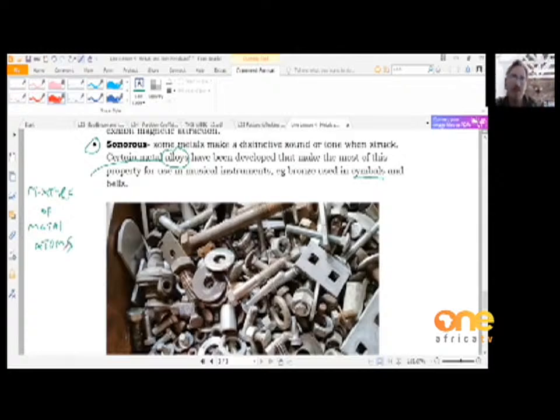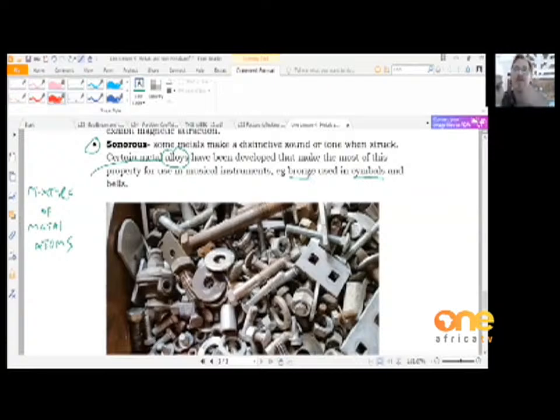Alloys used in the development of musical instruments, you get special types of bronze made, and those can be hammered out to make bells, cymbals, gongs, that kind of thing, so that when you hit them, bong, they make a good sound, a better sound than other metals.